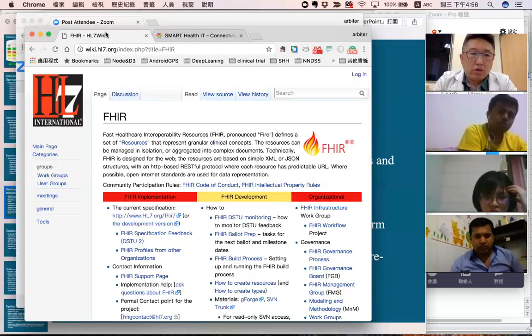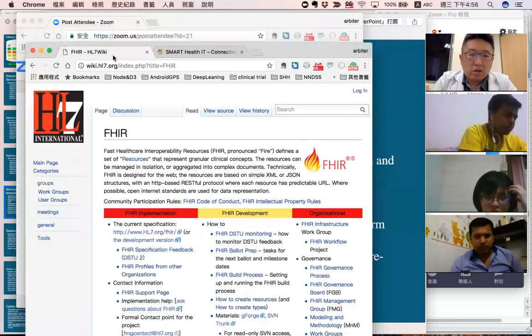So if you are interested in that software development, you can take a look at FHIR and the SMART platform.